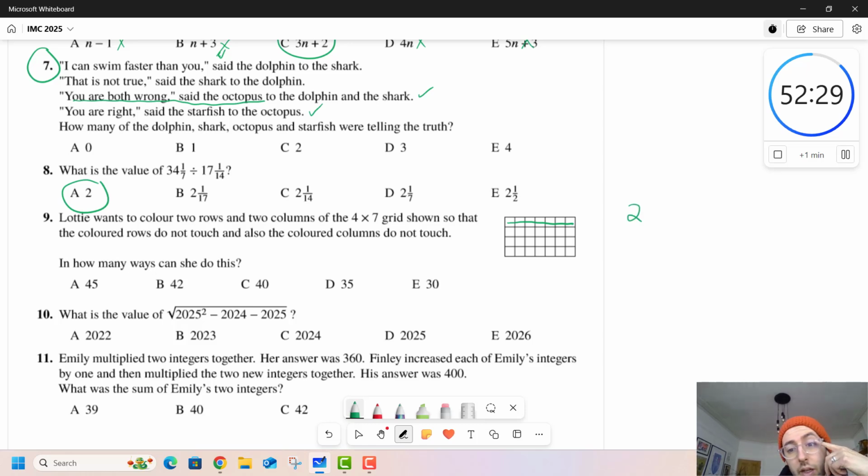And if I do 1 here, I can do 1 here, so that's another option, and that's the same in reverse. So that's 6 options.